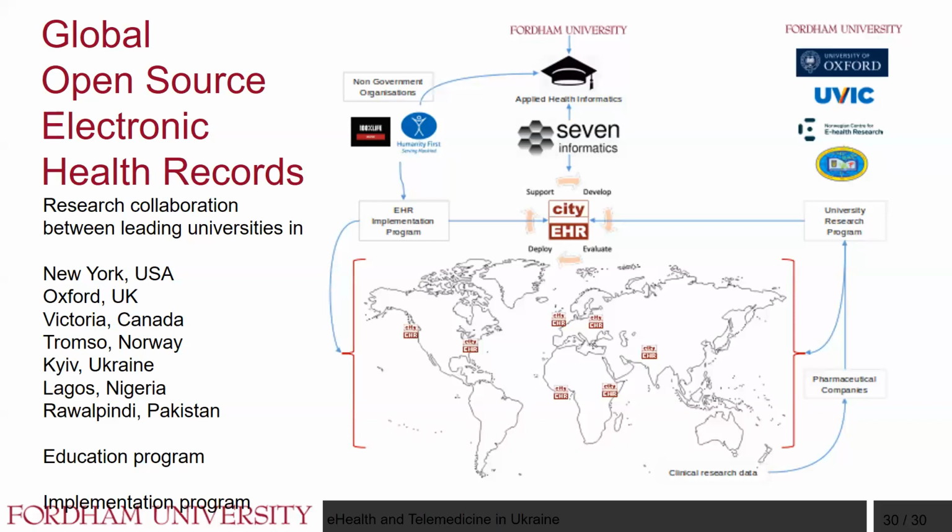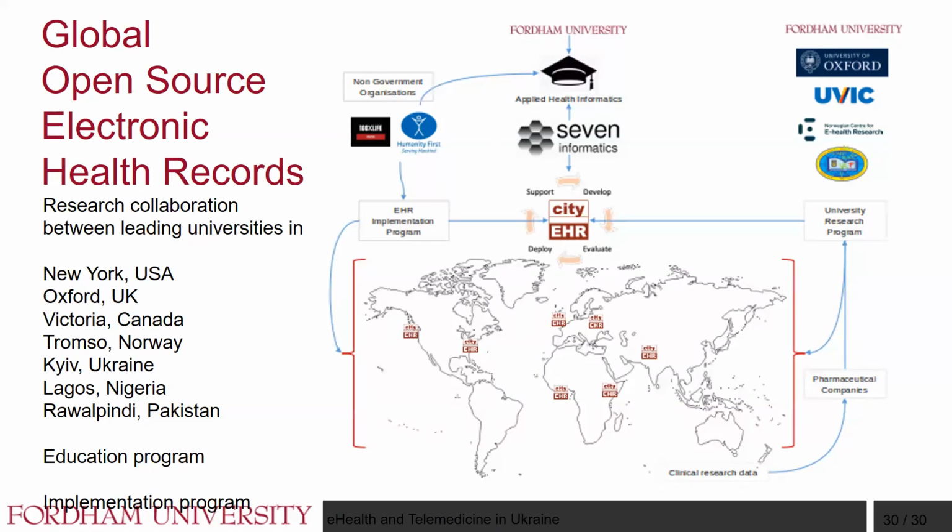And then third, so that's the research program, an education program, because one of the issues that we can already see in Ukraine, which you can see as a knock-on of the World Bank funding, is that if you install with capital funding, you need to look at how you're going to make a sustainable health system and eHealth infrastructure going forward.